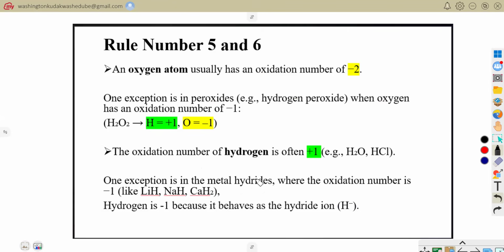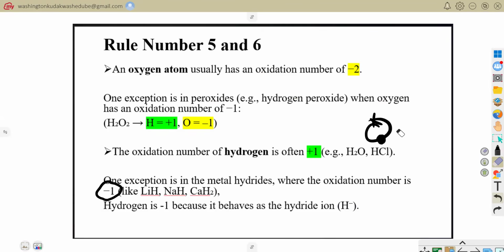When it forms metal hydrides, hydrogen will have an oxidation state of -1. What does that mean? It means that when hydrogen had 1 valence electron, it has now received another electron to form its stable state.